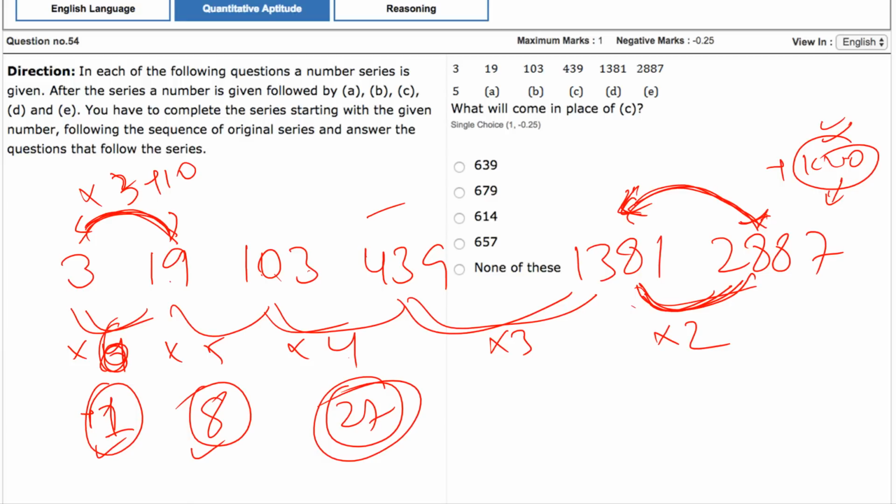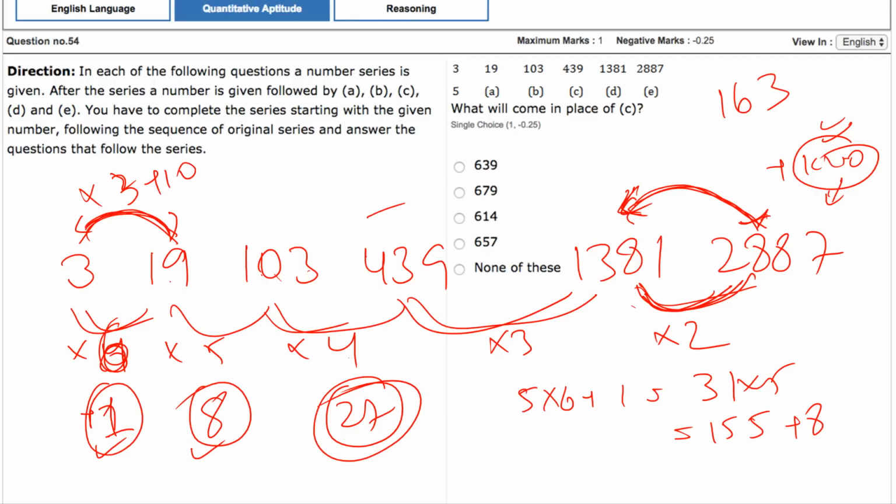Okay, so now instead of C, you have to calculate. So now this is 5 into 6, 30 plus 1. So the next one will become 31. Next has to be 31 into 5, which is 155, plus what we have to do here, 8. So this becomes 163, right?